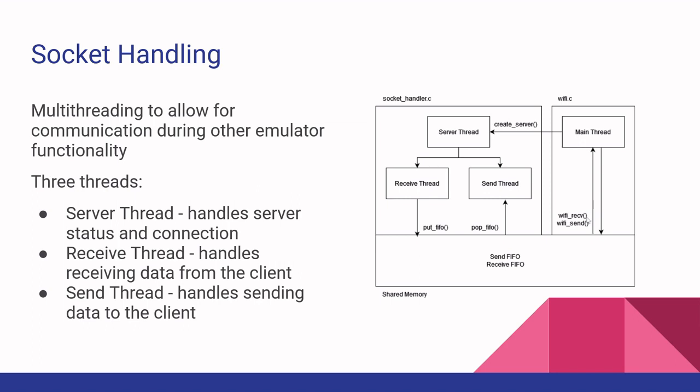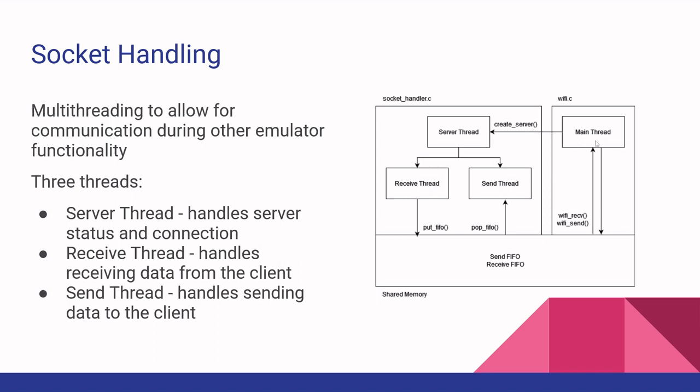So the main thread will just have to worry about Wi-Fi underscore receive and Wi-Fi underscore send, which will communicate with the send and receive FIFOs. This simplifies communication a lot, and these two methods handle all of the mutex and multi-threading safety stuff.